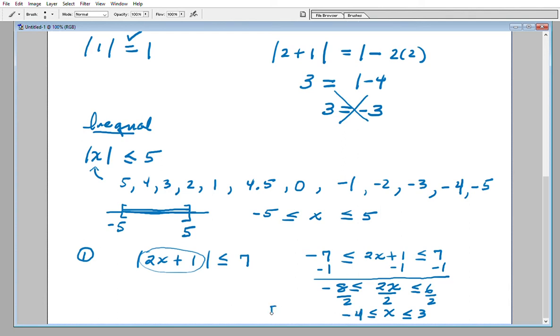Okay. All right, so like I said, basic example, just remember this is the same as this double inequality. Okay, and then you'll be able to do these examples.